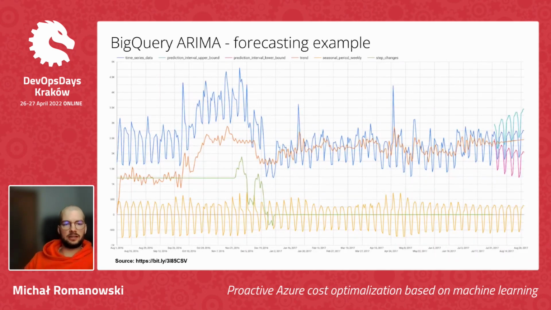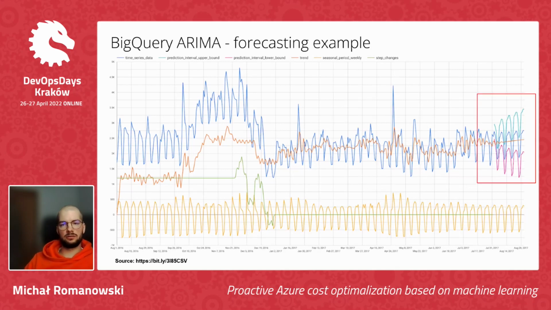Here we've got an example of a working ARIMA model. The blue line is the time series that we analyze. The orange one is the forecast. And the yellow one is the seasonal trend, which in that case is the way the time series varies across the week.